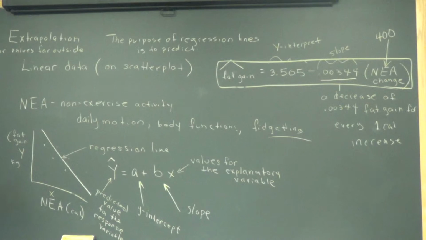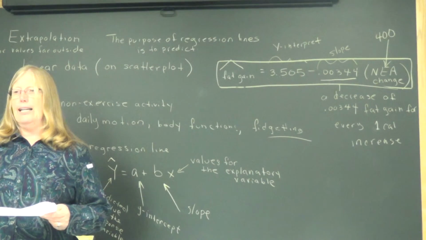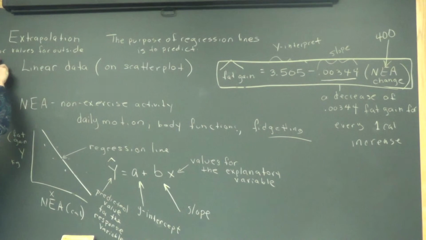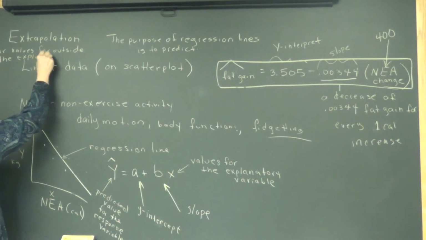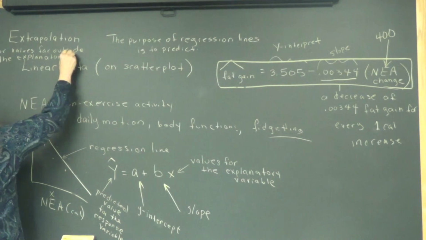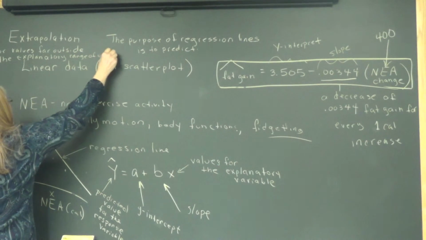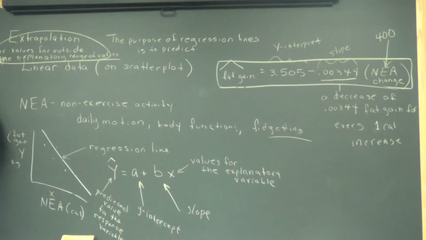But if it's far outside the x, if we stopped at 25, here we are plugging in a 104. Extrapolation is for values far outside the explanatory range of values. So that is unreliable. Extrapolation gives unreliable results.